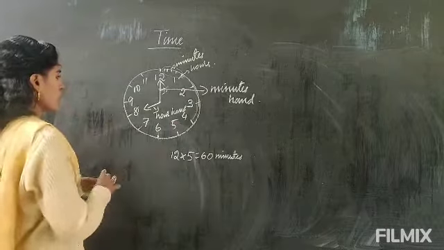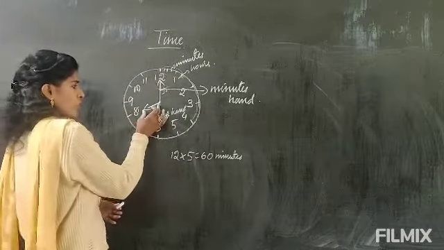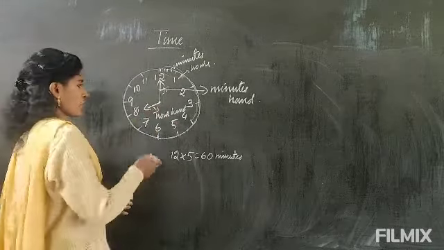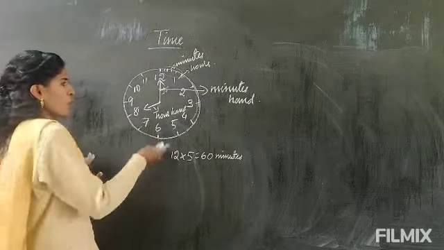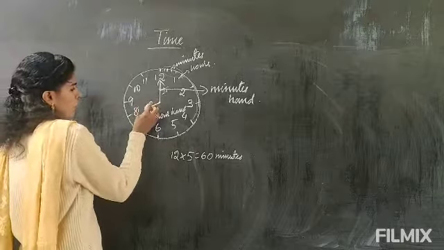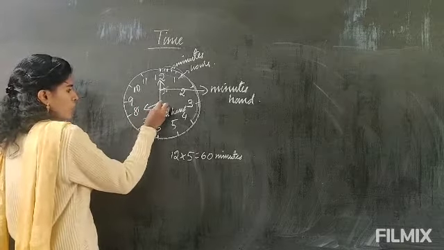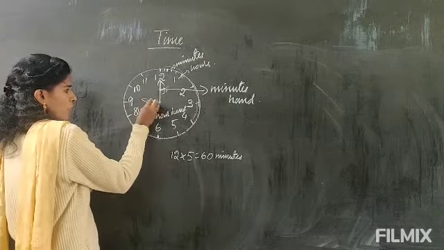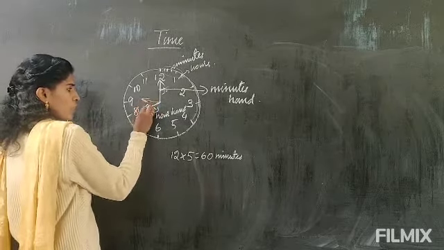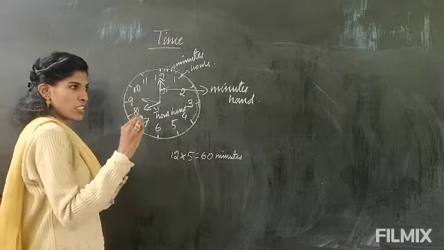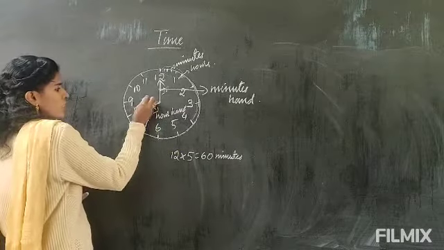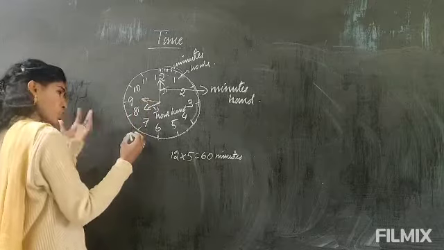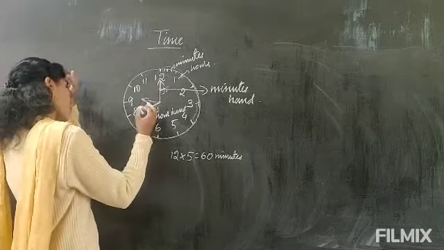Okay, now let's see how it is moving. First, we will see the hour hand. Now it is at 8. Suppose it moves to 9, then it has crossed 1 hour. It moves very slowly, much slower than the minute hand.